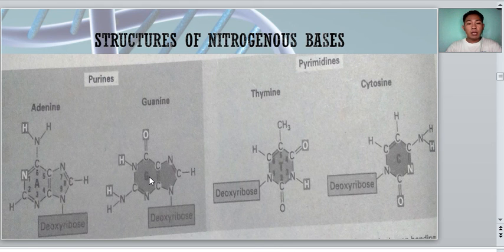Atoms with darker backgrounds participate in hydrogen bonding between the DNA base pairs, such as the link between a guanine and cytosine.